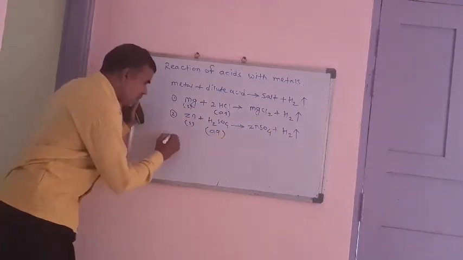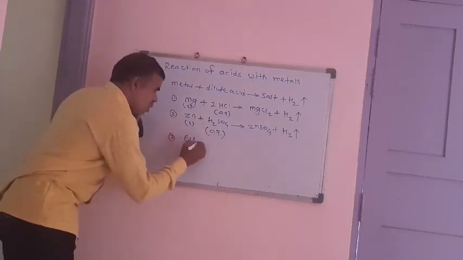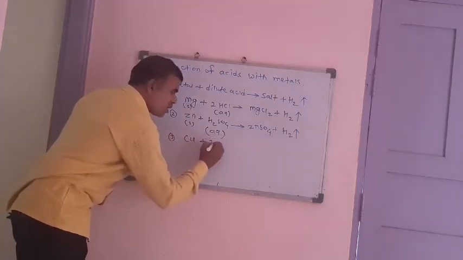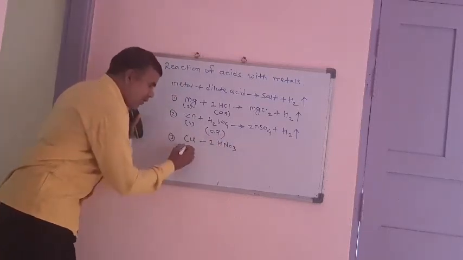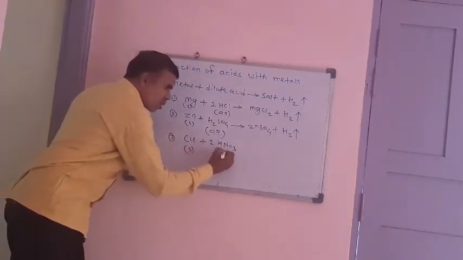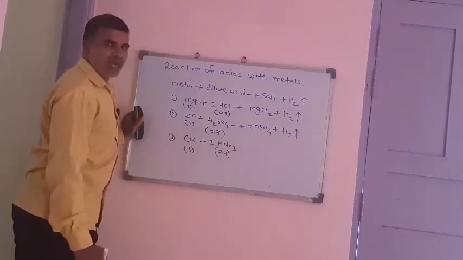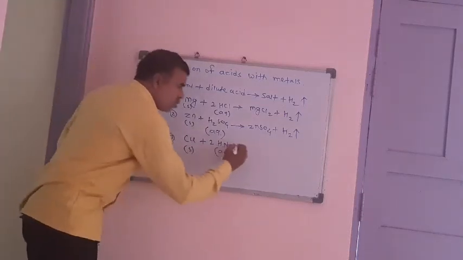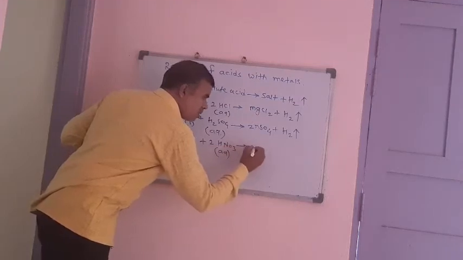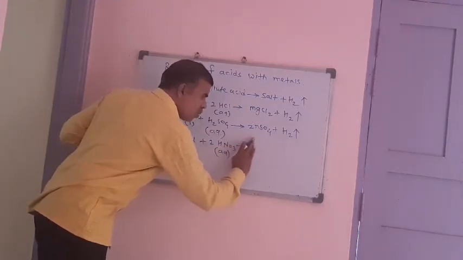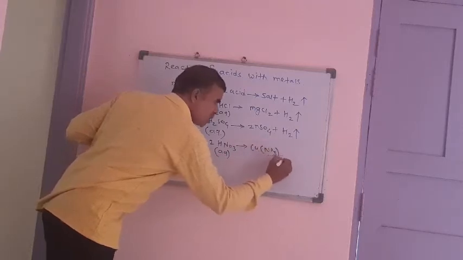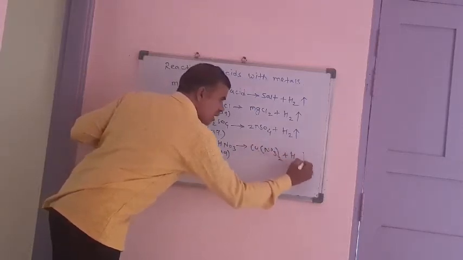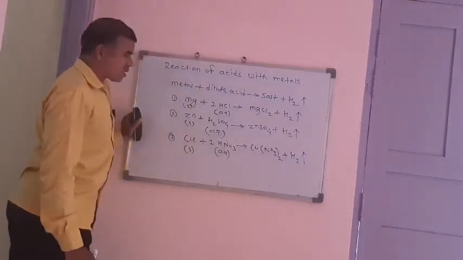Third example, copper reacted with HNO3, nitric acid, which is in aqueous form. Then we get copper nitrate, Cu(NO3)2, plus hydrogen gas is released in this chemical reaction.